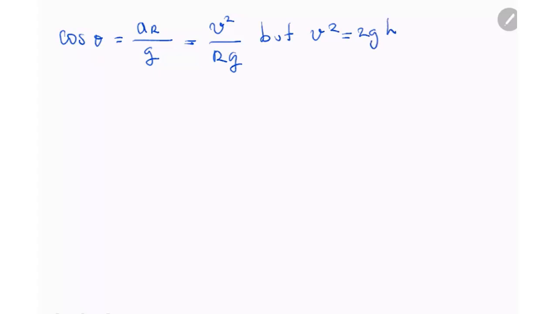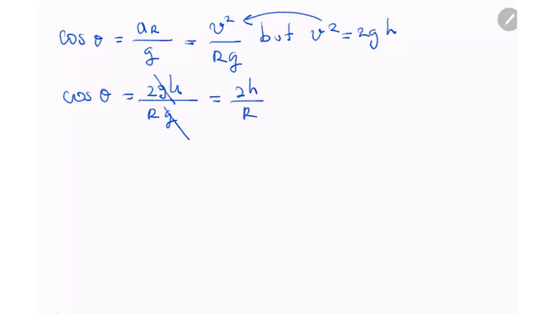Okay, so we replace this velocity into this equation. Then we get cosine of theta is equal to 2gh divided by rg. We cancel the gravity and we get that this is equal to 2h divided by r. Okay, this is cosine of theta.